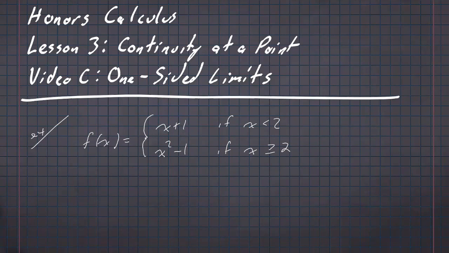For anything well smaller than 2, which is honestly anything smaller at all than 2, this function is well behaved. It's a linear function, f of x equals x plus 1. For anything larger than 2, this function is well behaved. It's a quadratic function, f of x equals x squared minus 1. At the point x equals 2 is where some weird things are trying to happen.